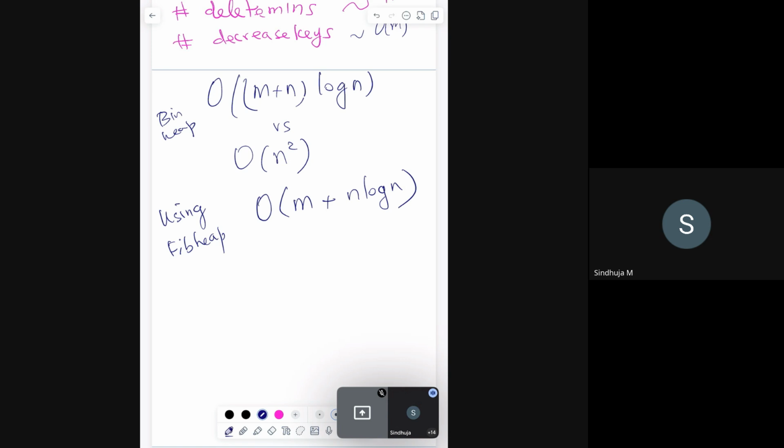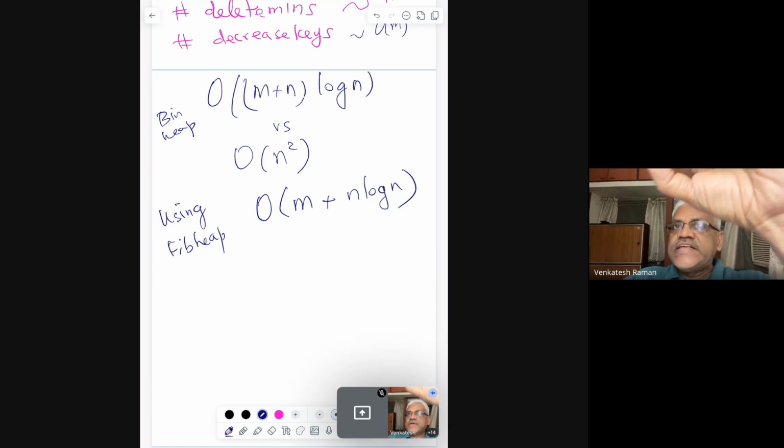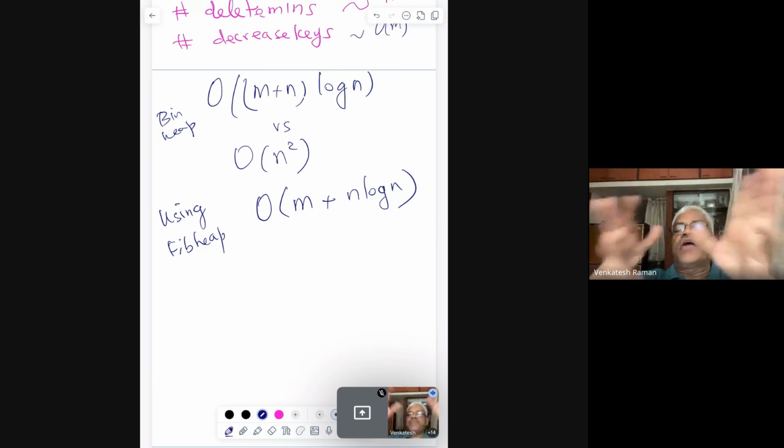Decrease key is fine, it will take log n. Even heapify will take log n. But what about delete min? You're saying that min is at the root, so why is it not constant time? The point is finding min is constant time, but deleting min, you also have to redo the heapify.